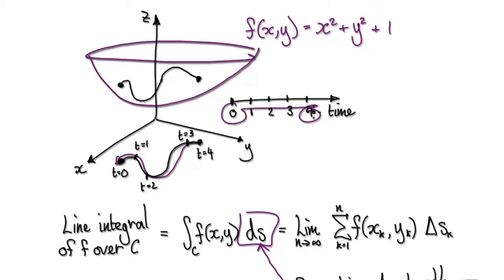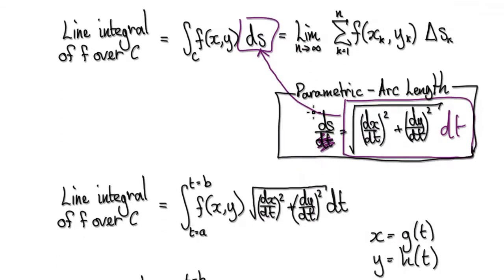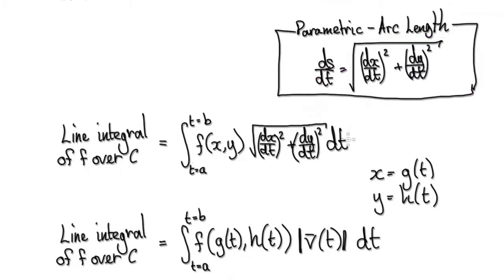So what that means is, remember, we've got to work all in terms of time. In our example, it would be from 0 to 4, because it takes 4 seconds, and we've got to work everything in terms of time. But then this is xy, so we need to know the precise location of our particle in terms of time.